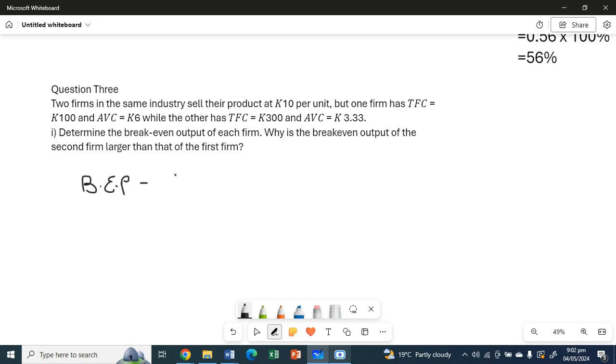It is the total fixed cost over the price minus the average variable cost.